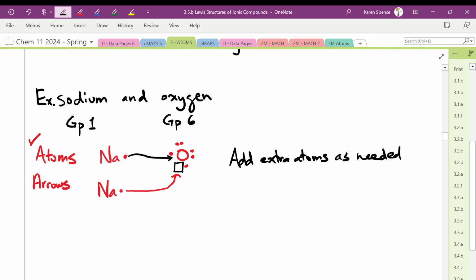Now what we have is sodium. How much is in sodium's outer shell now? Nothing. Positive. Oh, but we have 2 of them, Na positive.